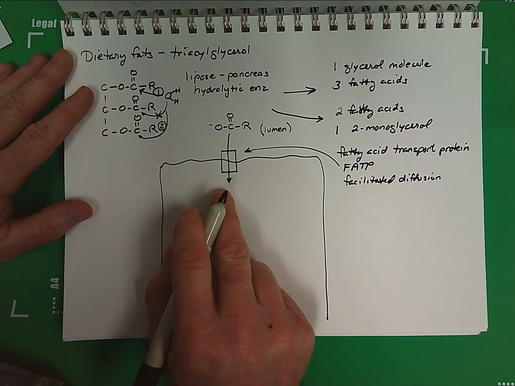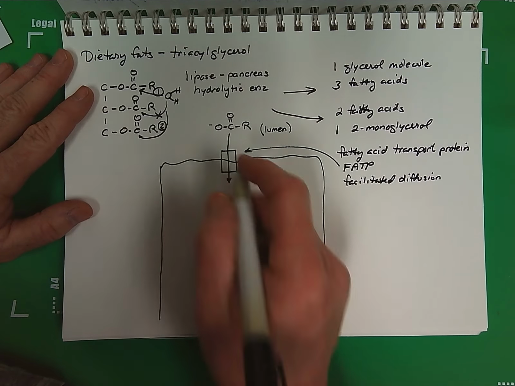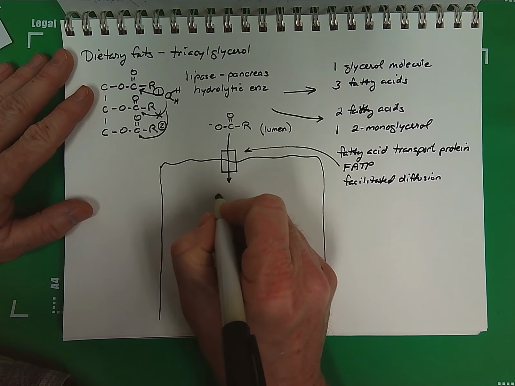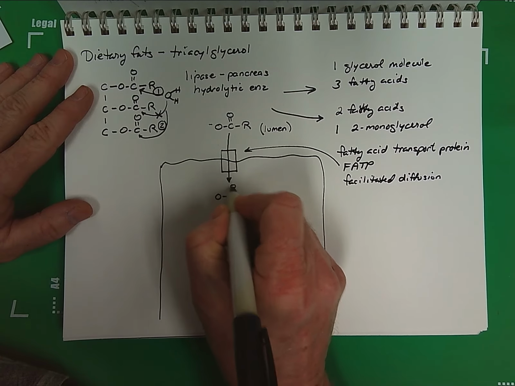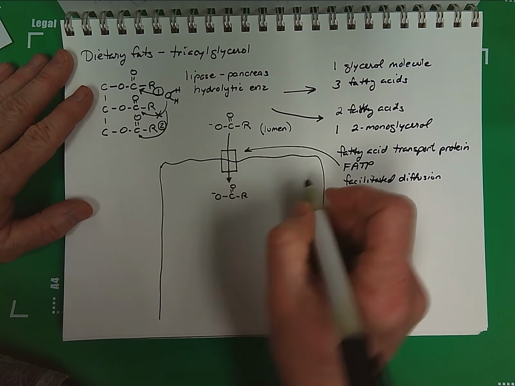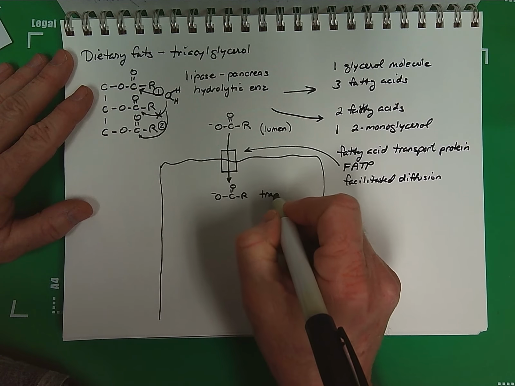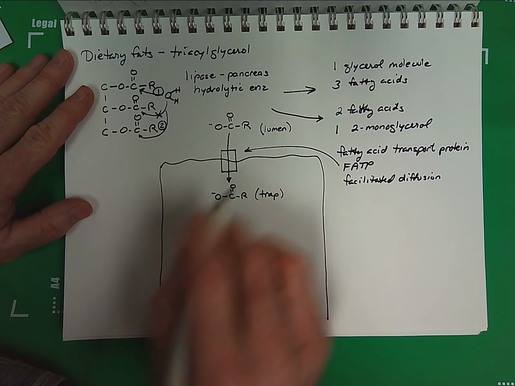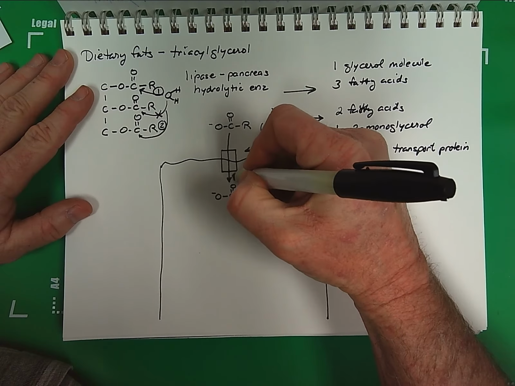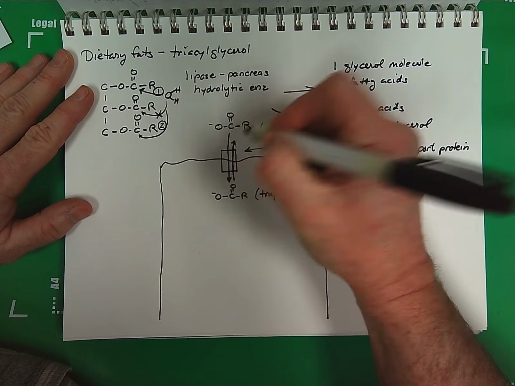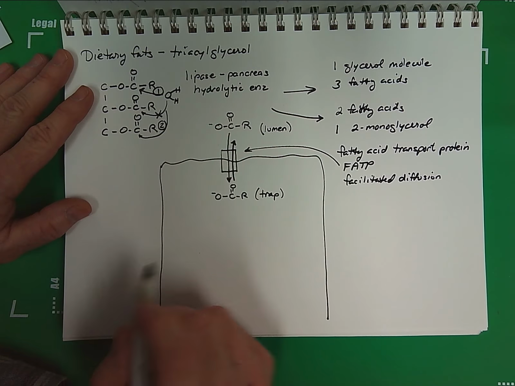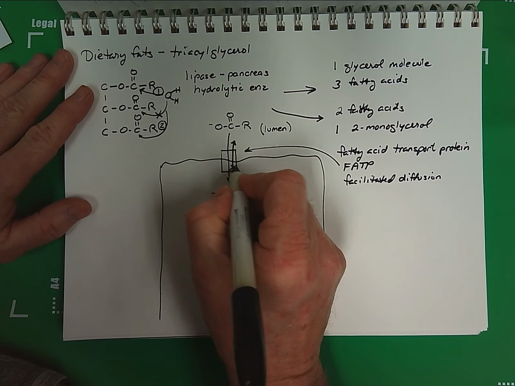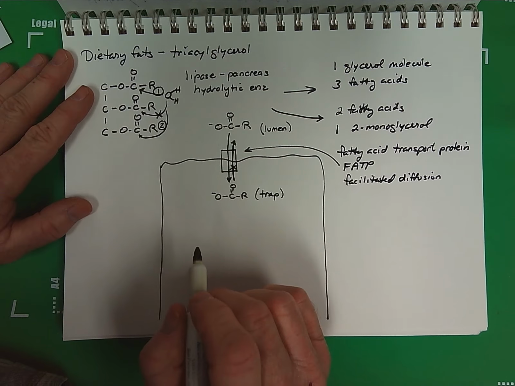Now, once this is in the cytoplasm of the cell, what we need to do is trap this inside the cell. Because recall, these transporters are reversible. We do not want this reverse activity. We want to maintain and keep a one-way flow.